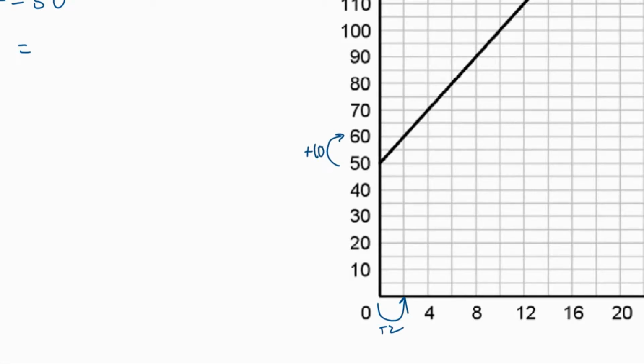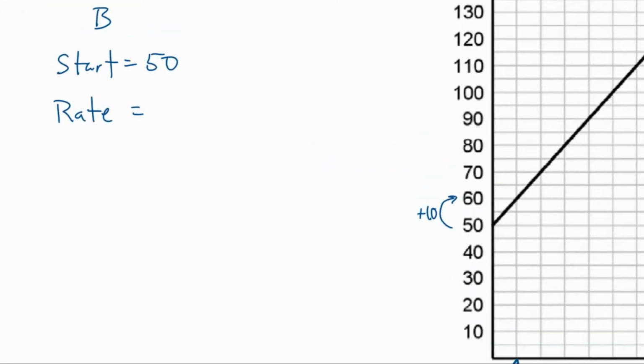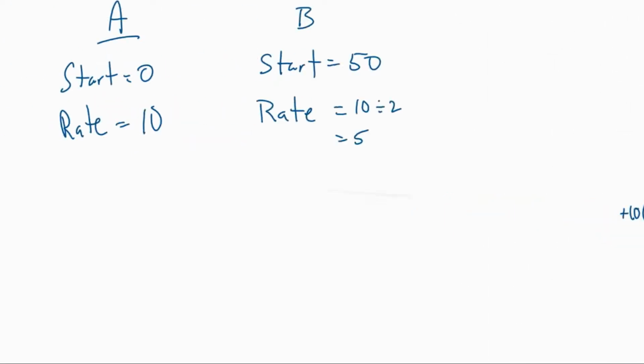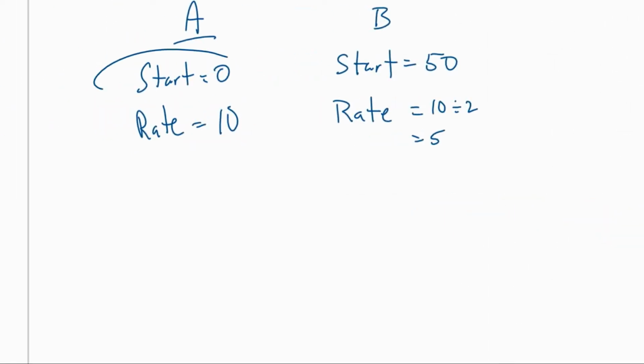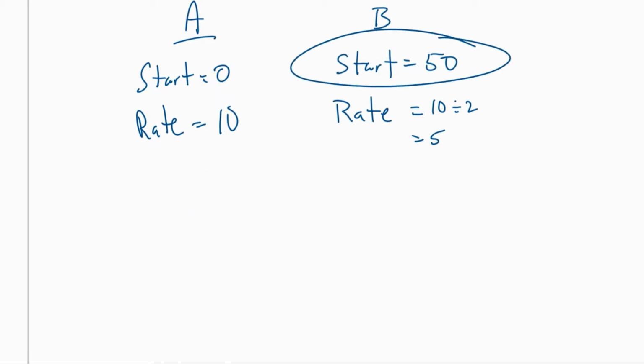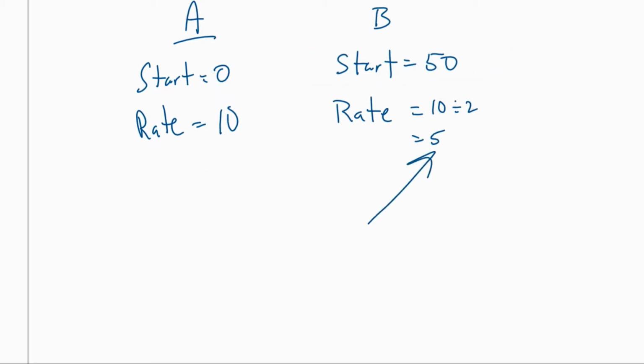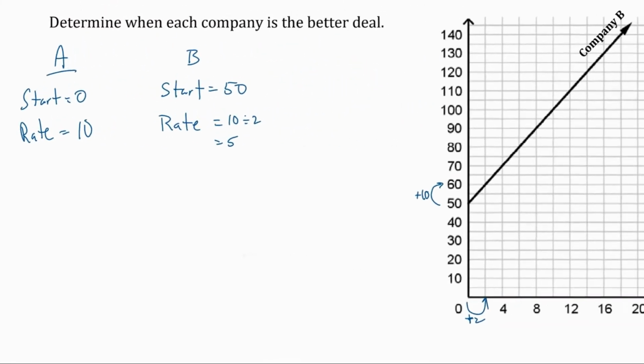So the rate is 10 divided by 2, which is 5. So A has a start of 0, but a rate of 10. B has a start of 50, but a rate of 5. So similar to the other ones we've seen, one of them starts cheaper, but grows faster. One of them starts more expensive, but grows slower.